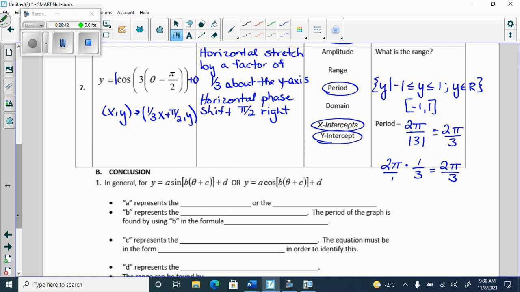Okay. In general, for y equals a sine b theta plus c plus d, or y equals a cos b theta plus c plus d, a represents the what? Vertical stretch or the amplitude.